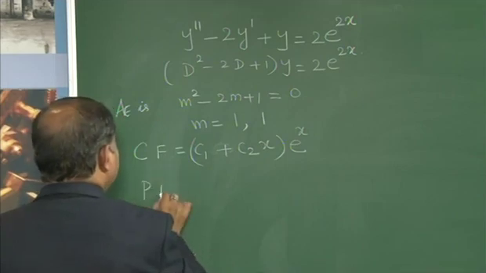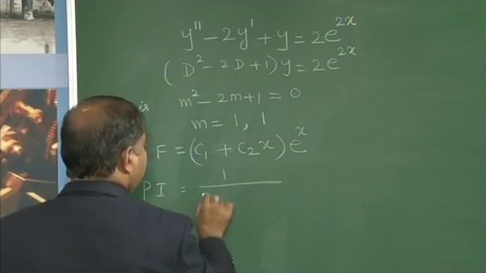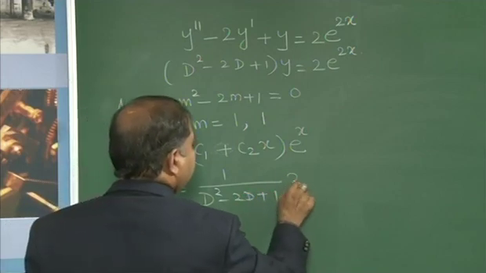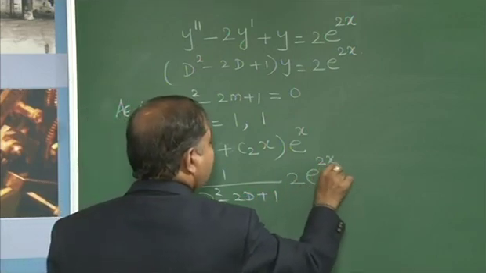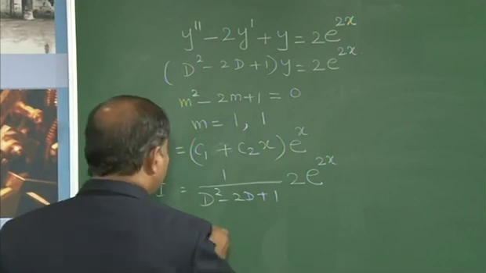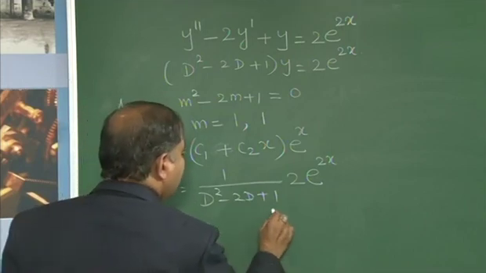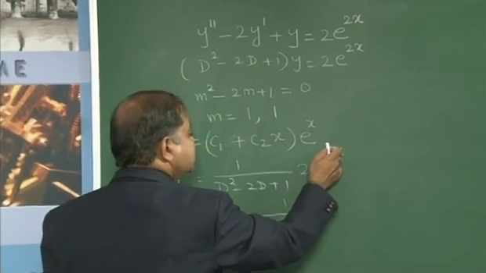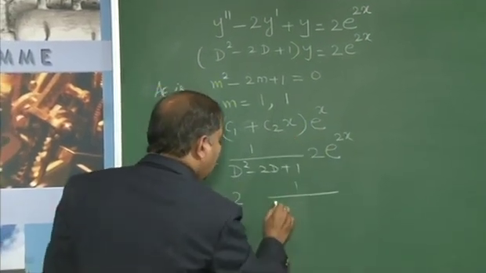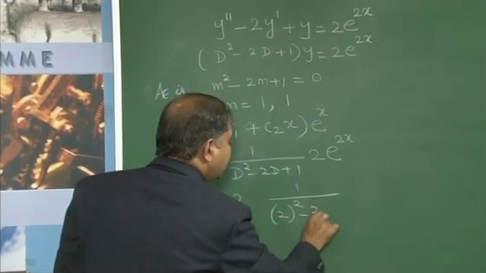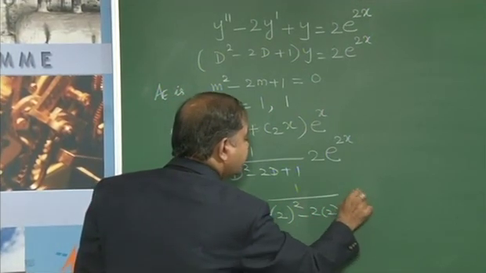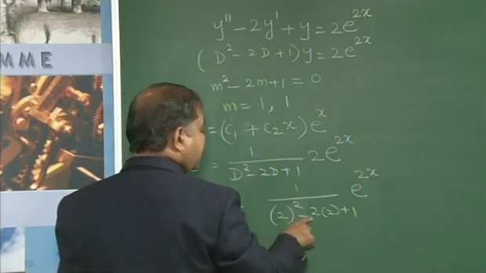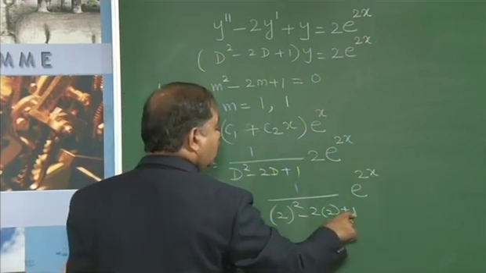Particular integral: 1 by D square minus 2D plus 1. The 2 is a constant, simply keep that aside. In place of D, replace a, which is 2. So 2 square minus 2 into 2 plus 1. 4 minus 4 gets cancelled, only 1.